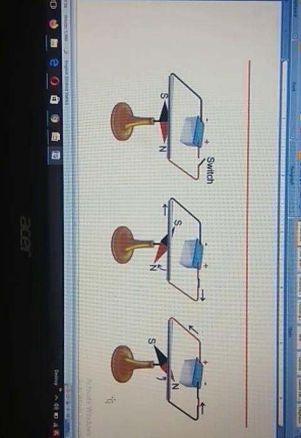A magnet can be deflected only by a magnetic field. So Oersted concluded that an electric current flowing in a wire created a magnetic field, and this deflected the needle of a compass. Oersted also found that by changing the direction of the current, the needle deflects in the opposite direction.